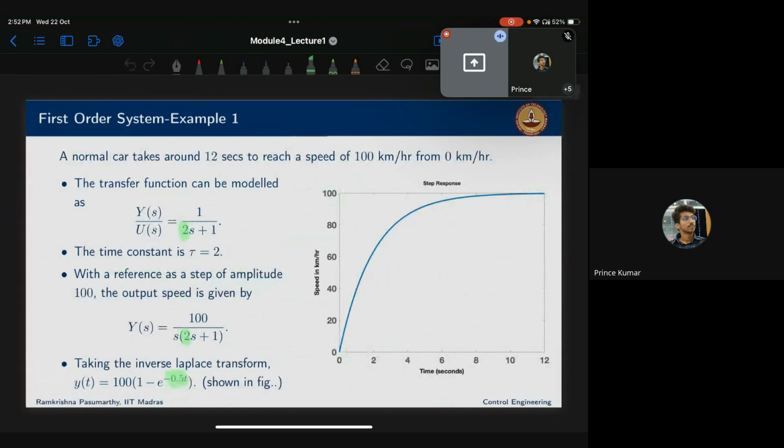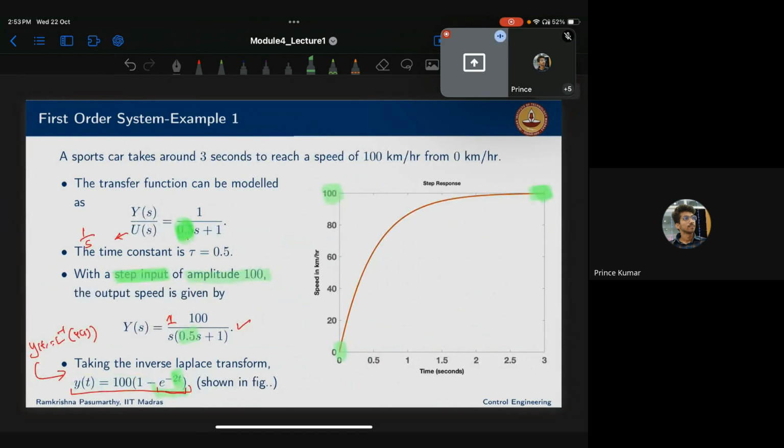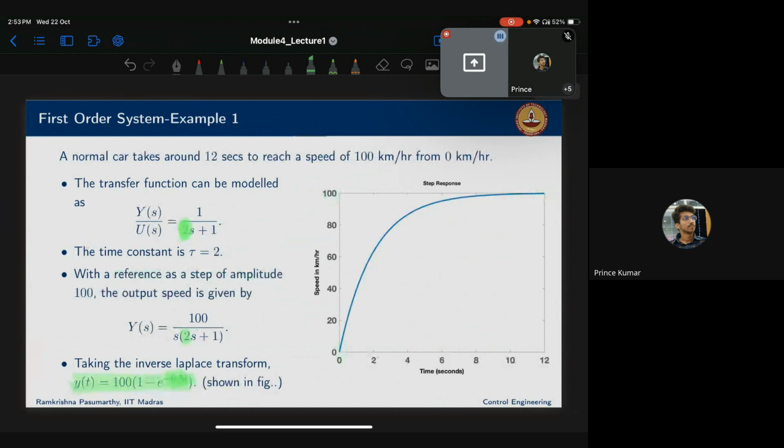Now take tau as 2. Follow the same thing. This is what you are getting. Here this is e power minus 2t, whereas before we were getting e power minus 0.5t. Now see what tau is.